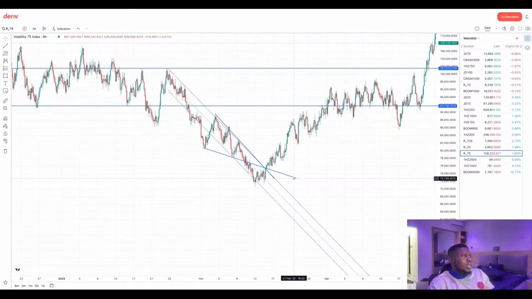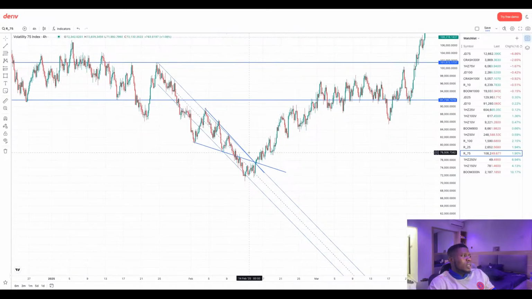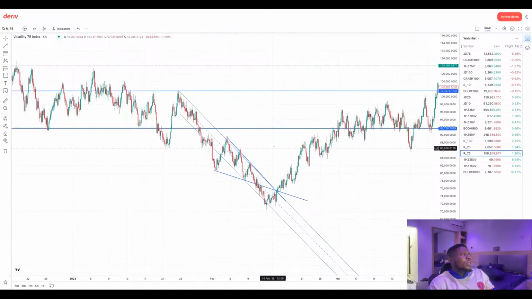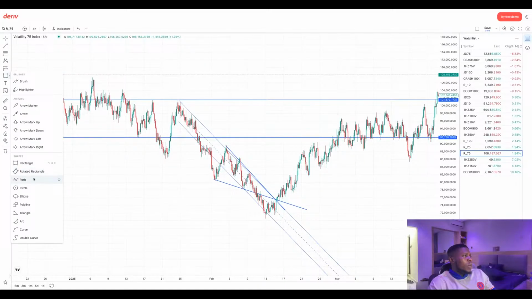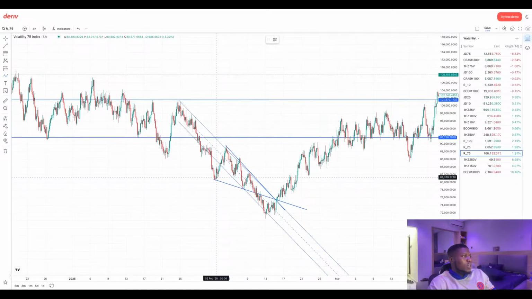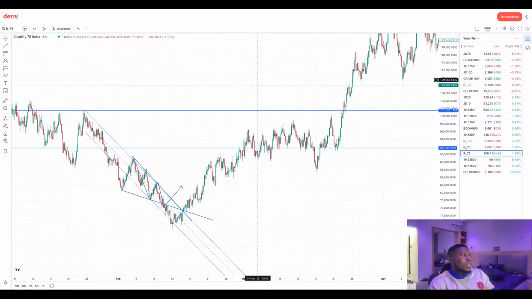Don't mind that it's actually touched this place and it's looking like this, but this is a wedge. And don't get confused by the way I drew this line here, because this is one leg, this, this, this, and the breakout that happened. So that is it. This is a reversal pattern.